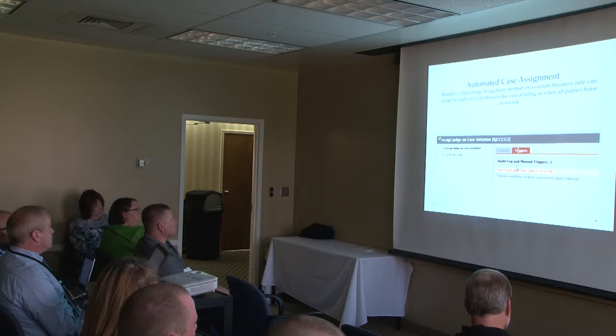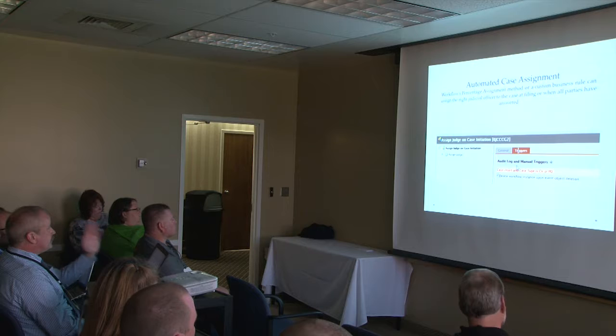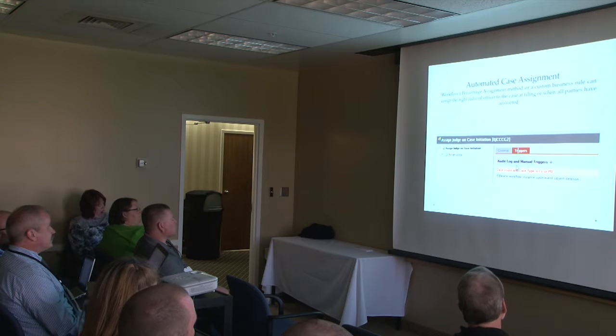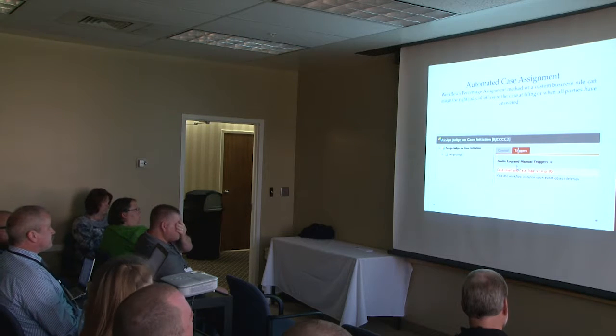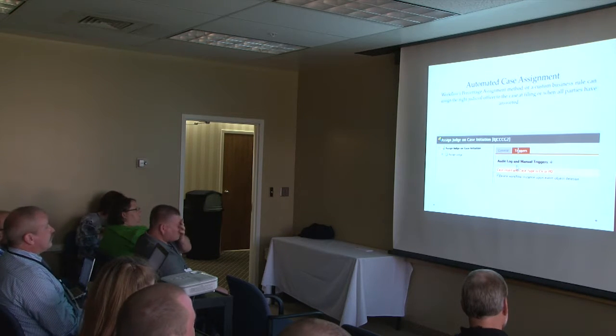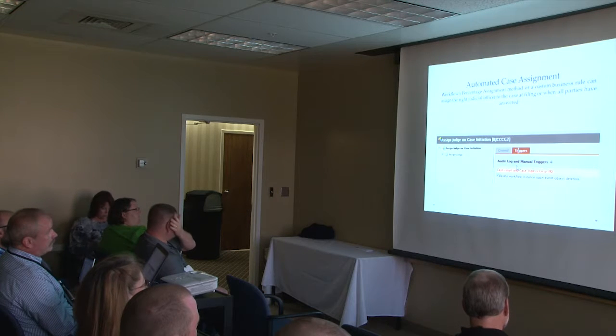It weights their current caseload to see, okay, Judge Bill seems to have fewer cases than Judge Fred or Judge Sam, so it will automatically assign it to Judge Bill. That's how percentage works.